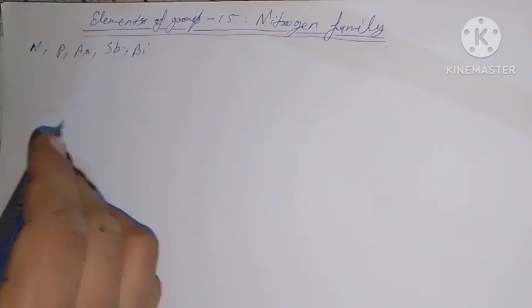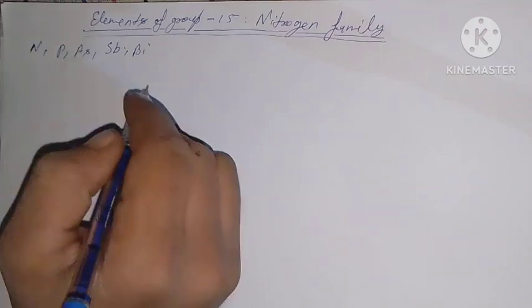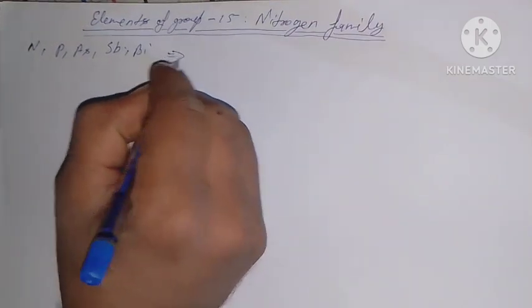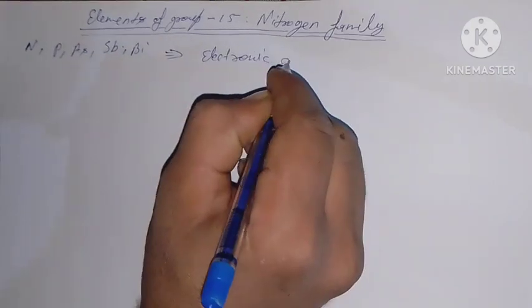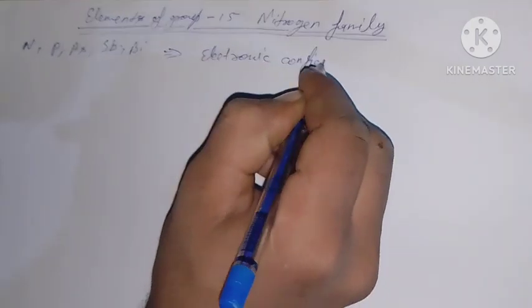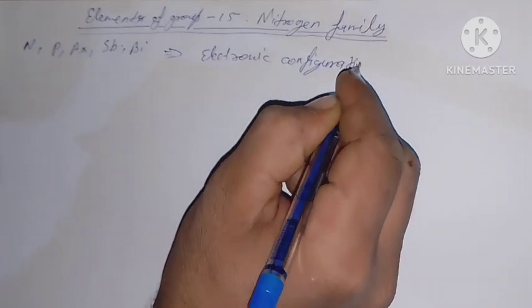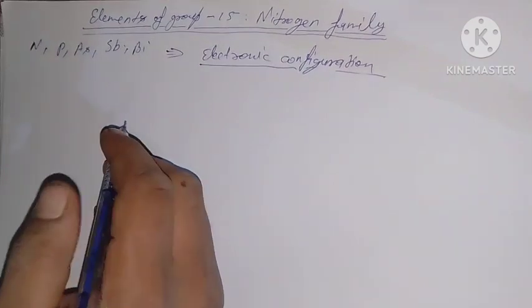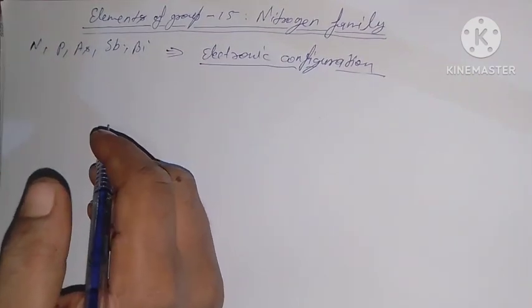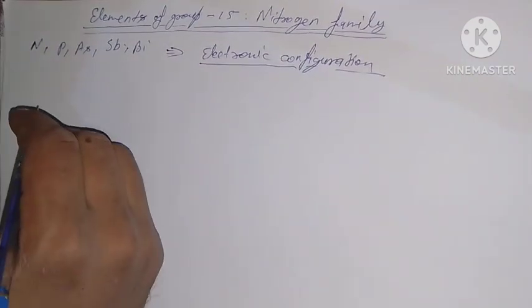Electronic configuration. What is the electronic configuration of group 15, that means the nitrogen family?